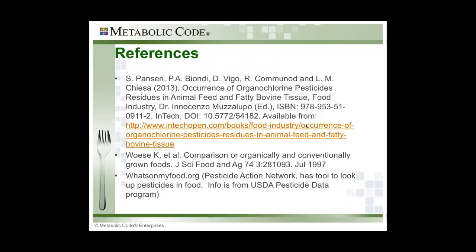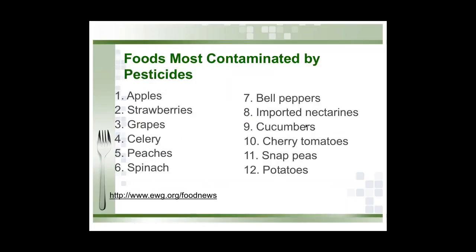And as you know, I love using the Environmental Working Group as a resource for checking up on what are the foods that are most heavily treated with pesticides. And if you don't buy all your foods organic, because I know it's expensive, if you can at least buy the ones that are most contaminated in the organic versions.